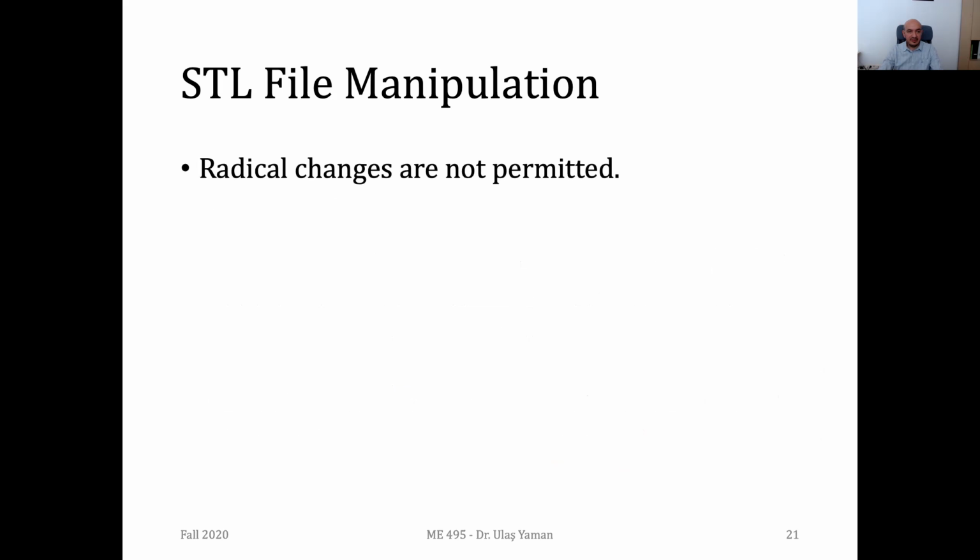And as you know, STL files store the information about the triangles, so it's not easy to do modifications on the file itself. Let me draw, once again, a cube here.